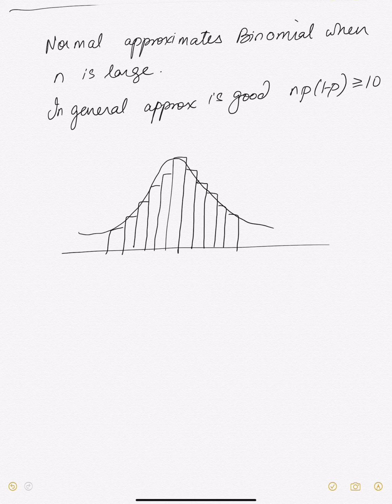Suppose you have some number k, and you draw your histogram or bar graph like this. This end is k plus a half, and that end is k minus a half.